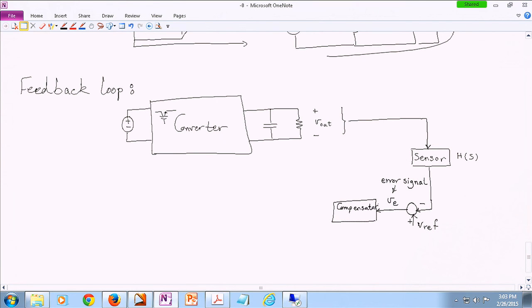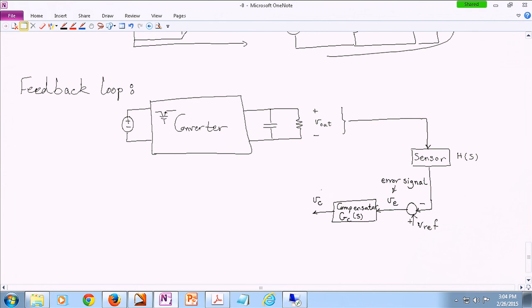And our overall objective is to find the right or the best transfer function for this compensator. So we call it G of compensation, C. G stands for gain, and obviously C stands for compensation. So you get a voltage out here, which we usually call the control signal.